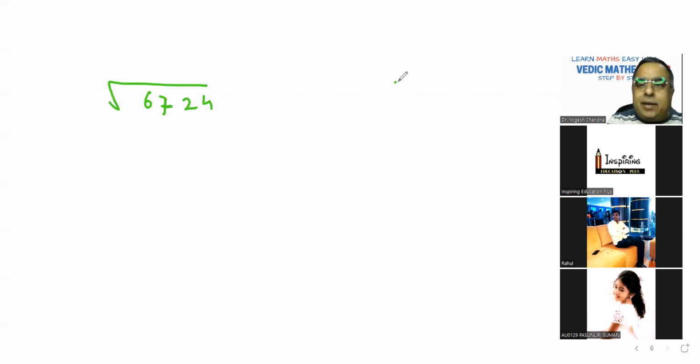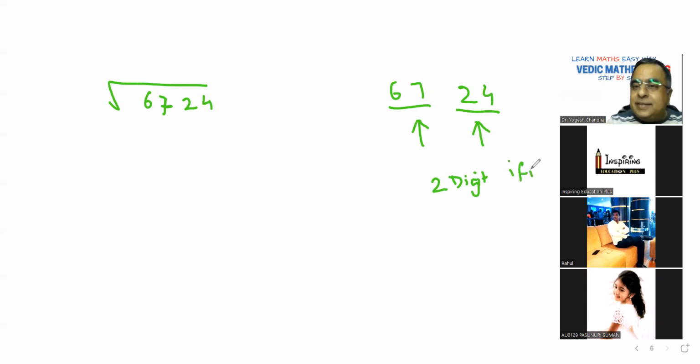First step is again to make the pairs from the right hand side. One significance of the pairs is that the square root is a two-digit number if it is perfect. Even if it is not perfect, it has two digits before the decimal.